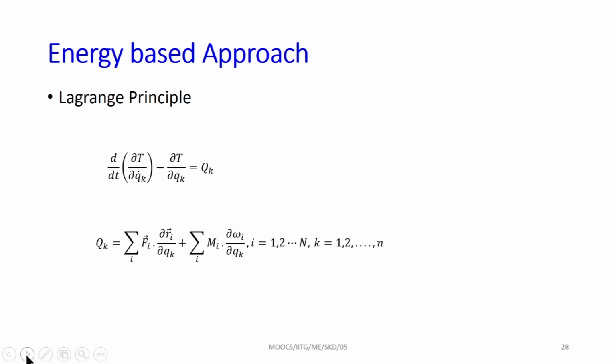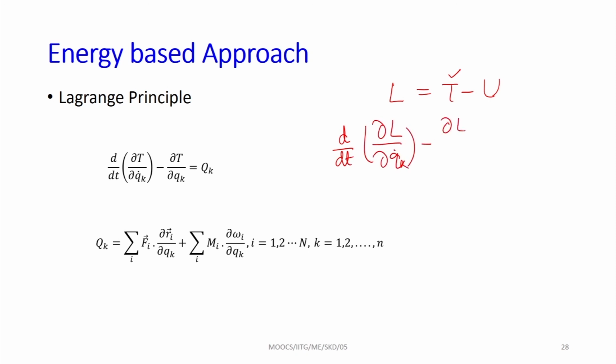Or using the Lagrangian of the system, L equal to T minus U, where U is the potential energy and T is the kinetic energy, the same equation can be written as d by dt of del L by del q_k dot minus del L by del q_k equal to capital Q_k.